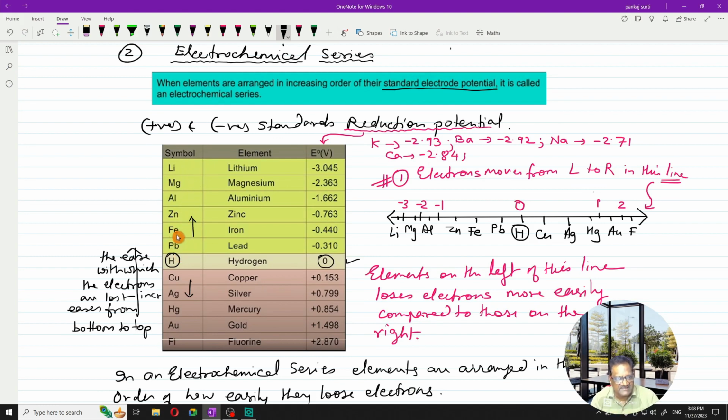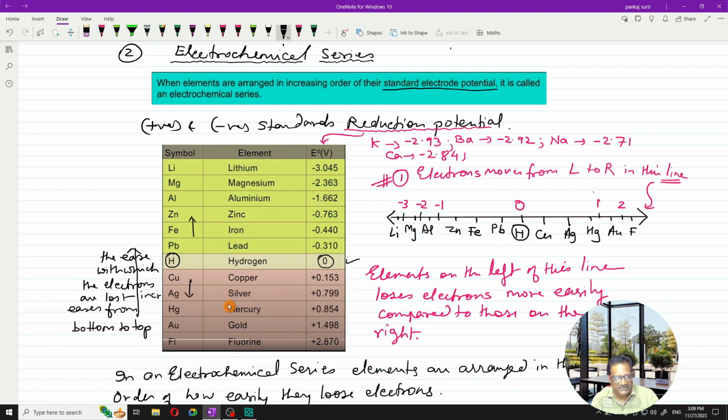Lead, zinc, iron, aluminium, magnesium, lithium are the elements which come above hydrogen. And you can see these elements, that is copper, silver, mercury, gold and fluorine, are the elements which come below hydrogen. So there is something called above hydrogen and something called below hydrogen. This is very important.